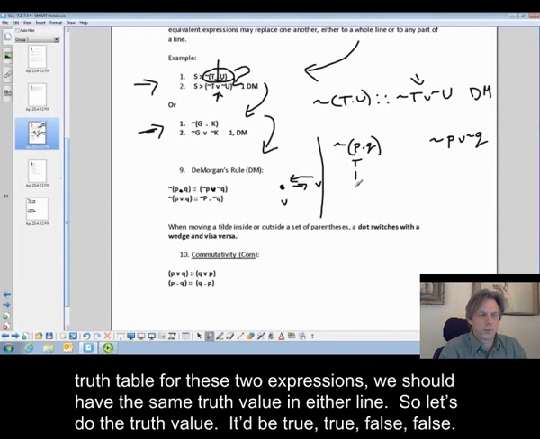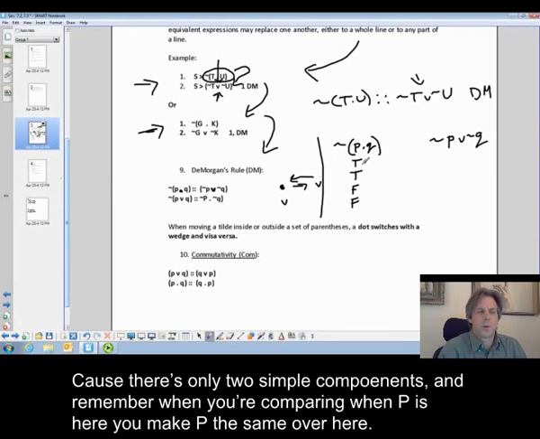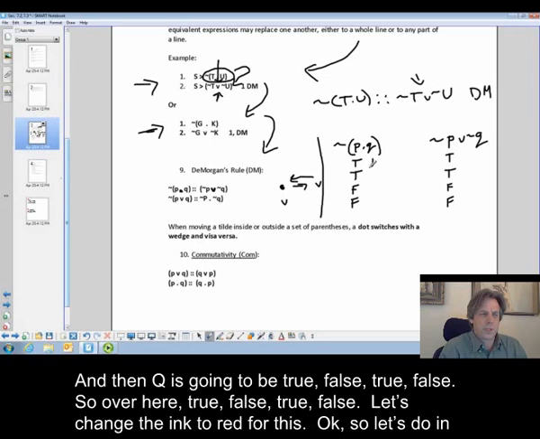It'd be true, true, false, false, because there's only two simple components. And remember, when you're comparing what P is here, you make P the same over here. And then Q is going to be true, false, true, false. So over here, true, false, true, false.